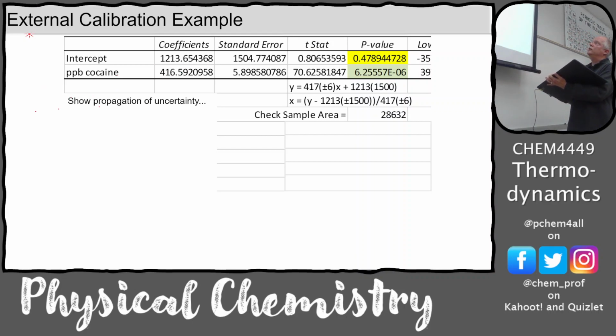So this is using the intercept. So we have our calculation, y minus 1213 divided by 417. And so we have the numerator is equal to 28,632 minus 1213.